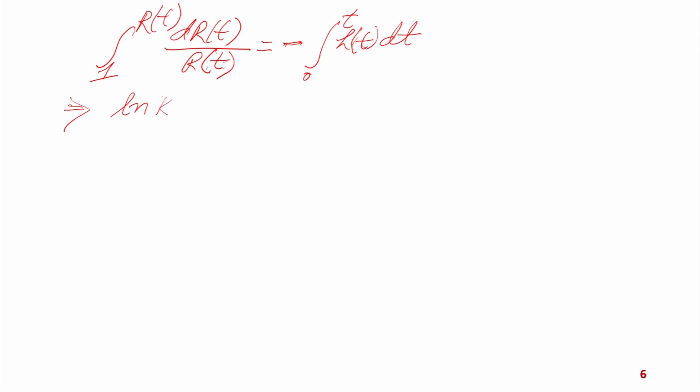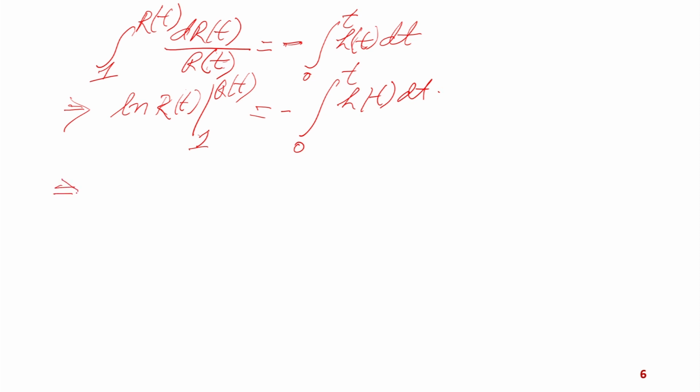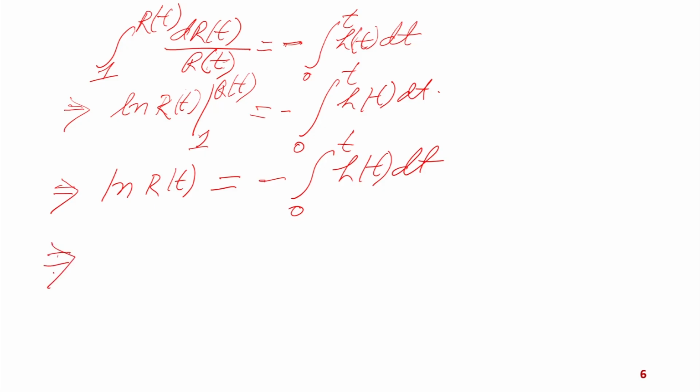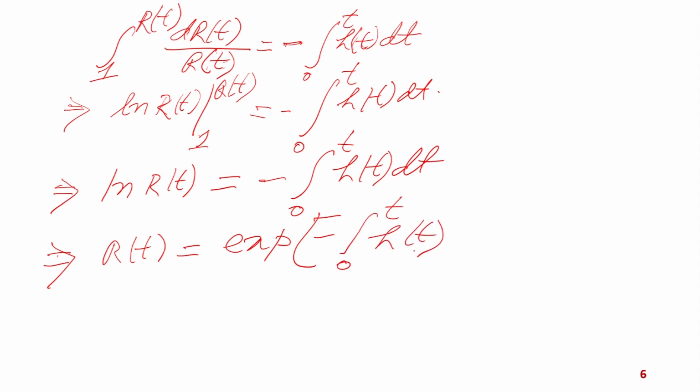So, this is ln of R(t) from 1 to R(t), which is equal to minus the integral from 0 to t of h(t) dt. Now ln of 1 is 0, so I can write ln of R(t) is equal to minus the integral from 0 to t of h(t) dt, and now I can write R(t) is equal to exponential of, within bracket, minus the integral from 0 to t of h(t) dt.